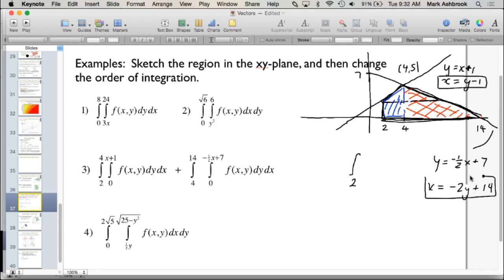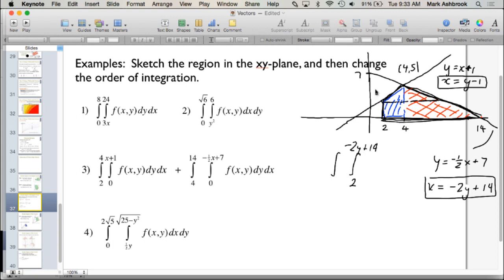All right, so we're home free now. We're going at the bottom, what from left to right? So that's the function x equals 2, all the way to x equals negative 2y plus 14, and that from bottom to top. Bottom is y equals 0 to.